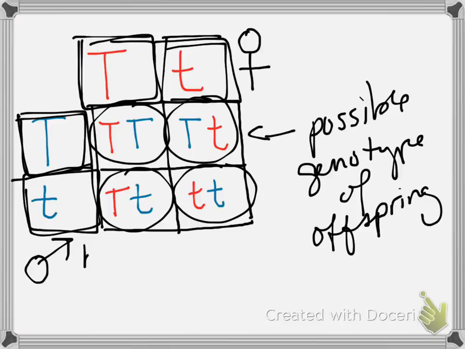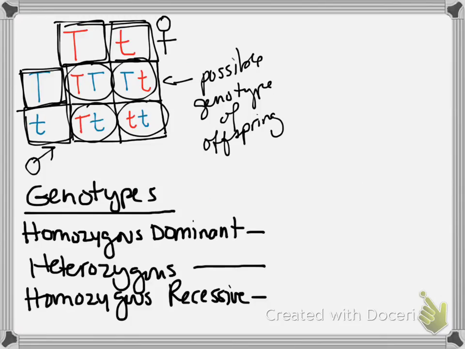So I'm going to list these four. What percentage of them are homozygous dominant? How many? 25. Yeah, 1 out of 4. So 25% are homozygous for the dominant trait.